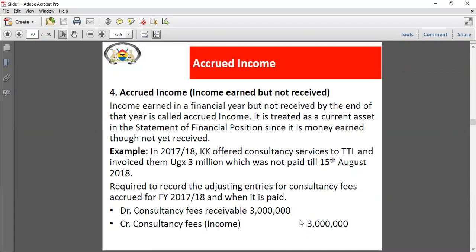And then if we want to recognize our receivable to indicate that these guys are yet to pay us, we now debit our receivable with the same amount of 3 million. That is what we basically do.